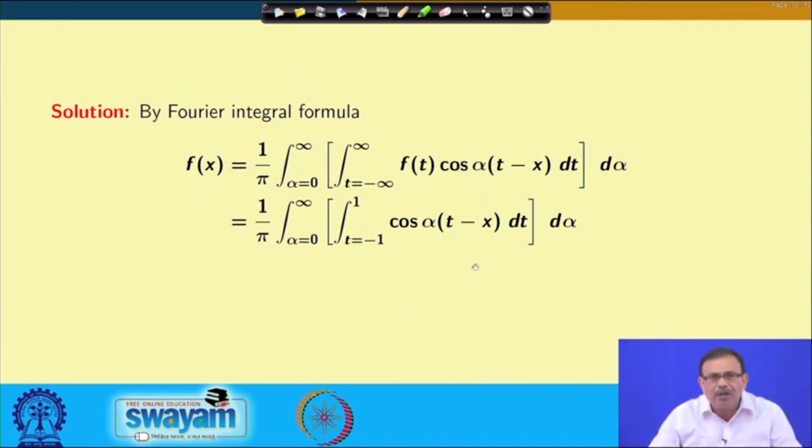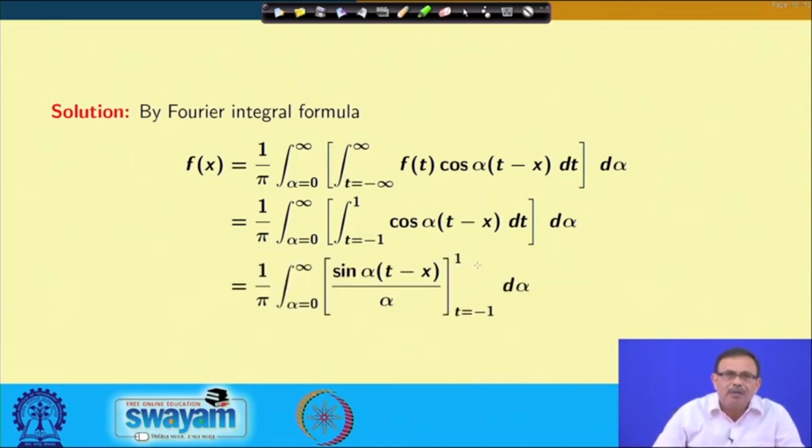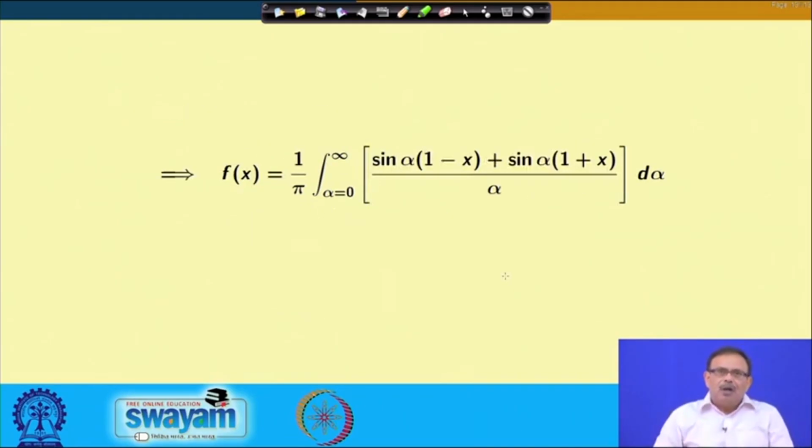Once I have done this, I can easily obtain the value of the inner integral, which is nothing but sin(alpha (t minus x)) by alpha. So you will obtain f(x) equals 1 by pi, integral 0 to infinity of sin(alpha (1 minus x)) plus sin(alpha (1 plus x)) by alpha d alpha.